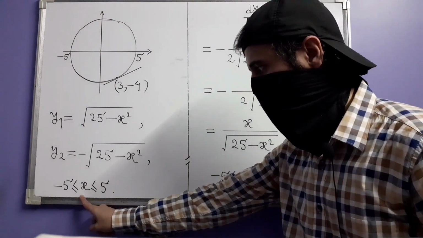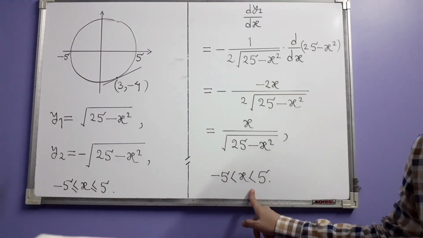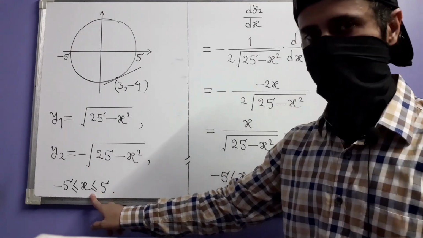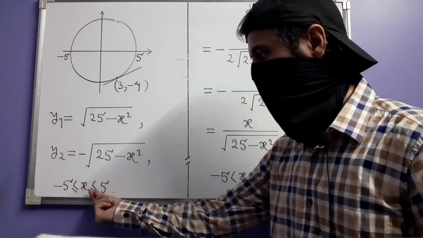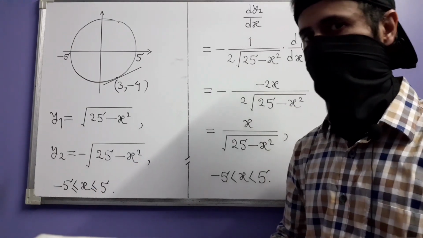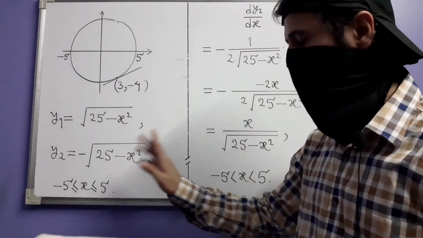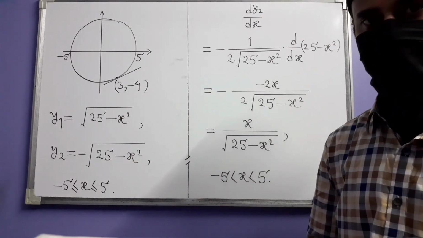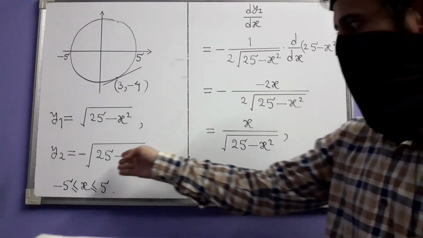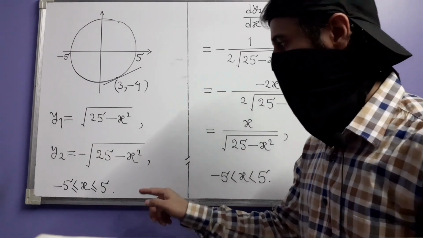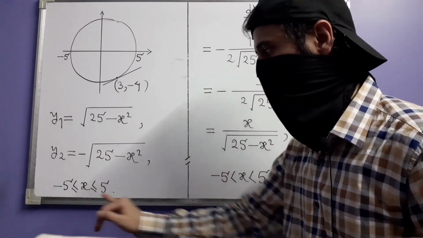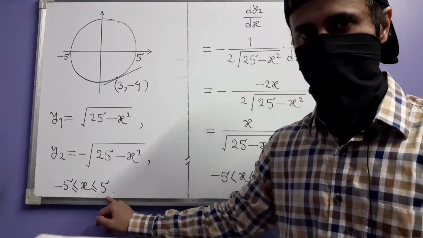Why this closed interval here and why do we have open interval here? You do understand that here we have the closed interval because if you take any real number outside this closed interval, then x squared will be greater than 25, making 25 minus x squared negative. So its square root will be a non-real complex number, but y is not a complex number. That is why the domain of both these functions is this closed interval.